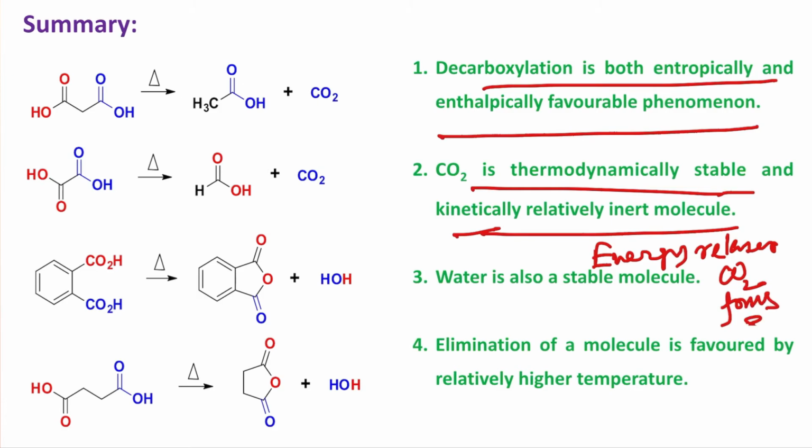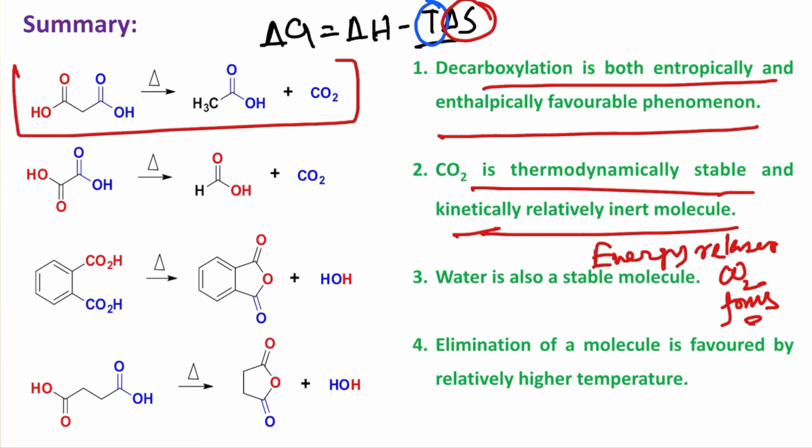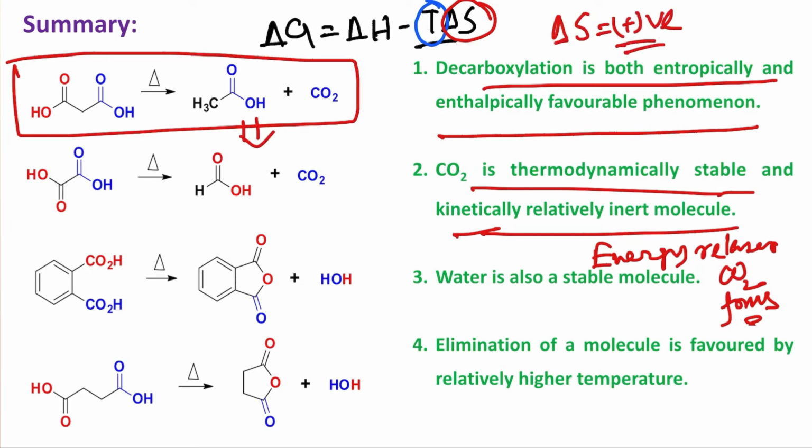And if you look at the Gibbs free energy equation, delta G equals delta H minus T delta S. If you increase the temperature, the entropy contribution increases. In every case here, one molecule produces 2 molecules, so delta S is positive.